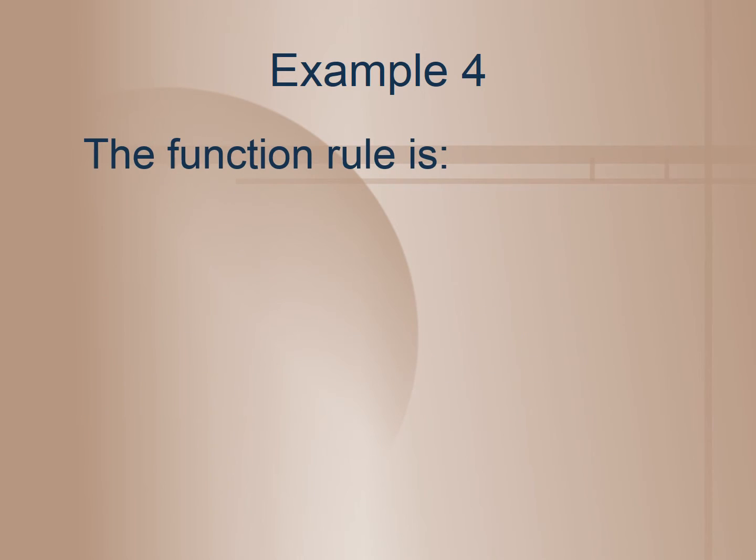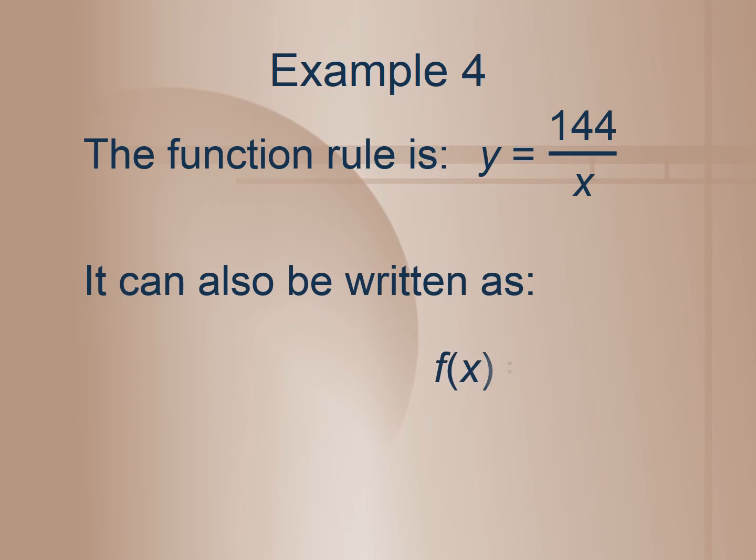And then to write our function rule for an inverse variation, we're supposed to do y equals k divided by x. Well, since our k is 144, our function rule would be y equals 144 divided by x, which can be rewritten as f of x equals 144 over x, since f of x and y are the same thing.